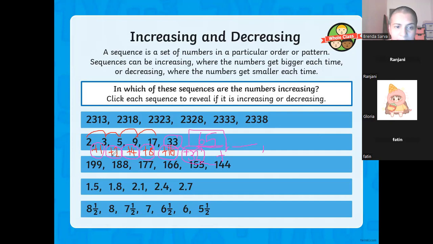First it's plus 1, plus 2, then plus 4, then plus 8. Then it's plus 16, then it's plus 32. So my next plus is going to be how much? That's right, plus 64. Gloria and Ranjini, do you understand why 64?